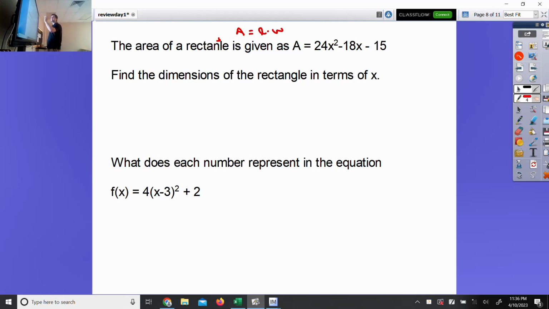It's something times something, so I'm going to try and factor it. To make a 24x squared, I'm going to take a 6x and a 4x. For the 15, I'm thinking 5 and 3. I have to add to negative 18 when I FOIL.